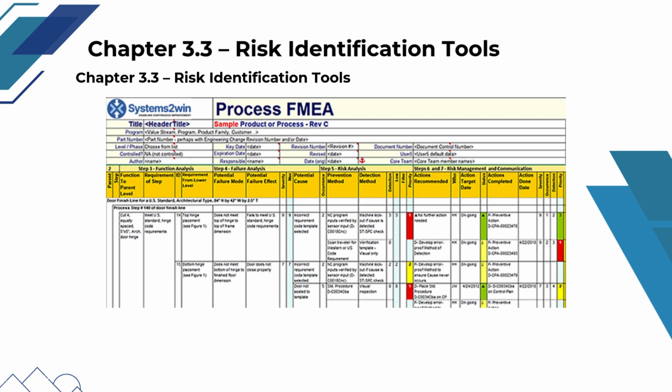By evaluating severity, occurrence, and detection, teams can prioritize high-risk areas and define recommended actions early. Using Process FMEA in the define phase ensures that process weaknesses are addressed proactively, leading to a more stable, reliable, and customer-focused future state design rather than reacting to failures after launch.